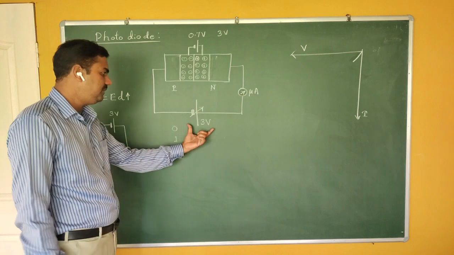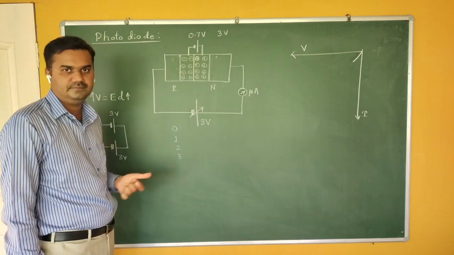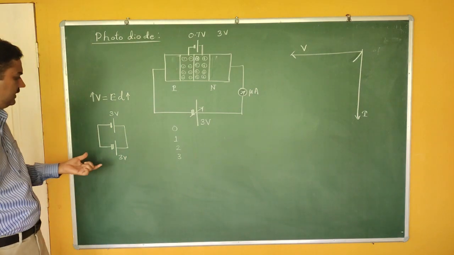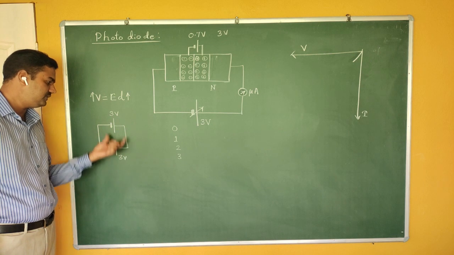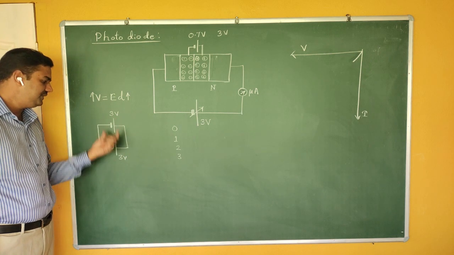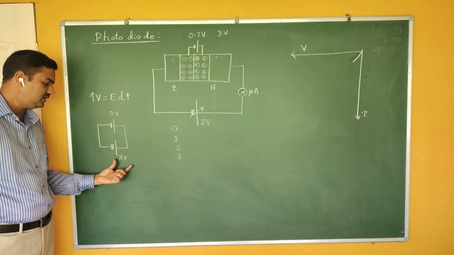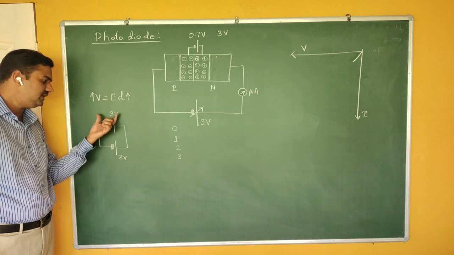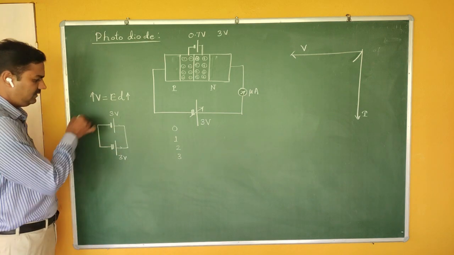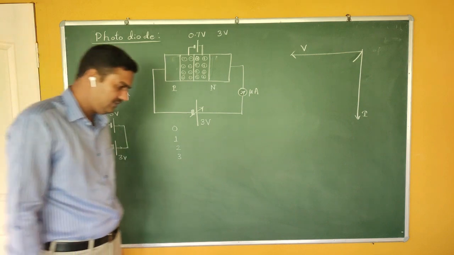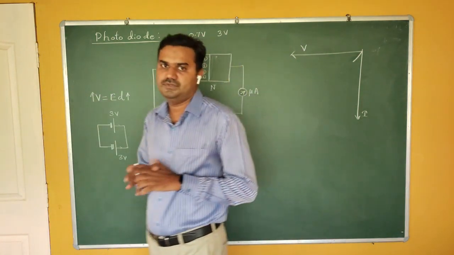Initially the potential of the battery is more compared to the barrier, therefore current flows from the battery to the diode. Now both voltages are the same. Here is also 3 volt, and the barrier potential is also 3 volt, therefore current doesn't flow through the circuit. As they act in opposite directions, they get cancelled. Therefore the net current flowing through the circuit is 0, it stops.